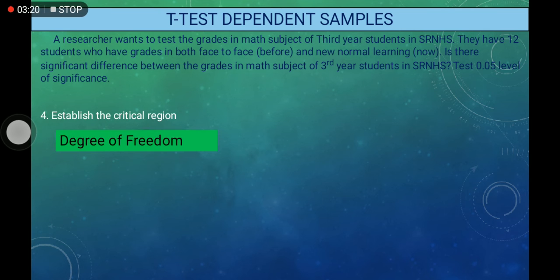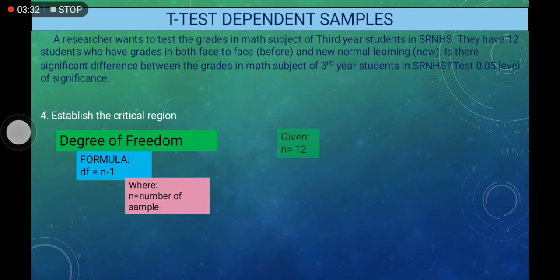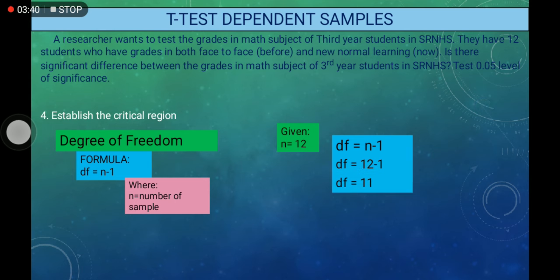Meron tayo ditong degree of freedom para makuha natin yung t-tab. So, df equals n minus 1 yung formula. So, using this formula, our n is 12. So, 12 minus 1 equals, our degree of freedom is 11.